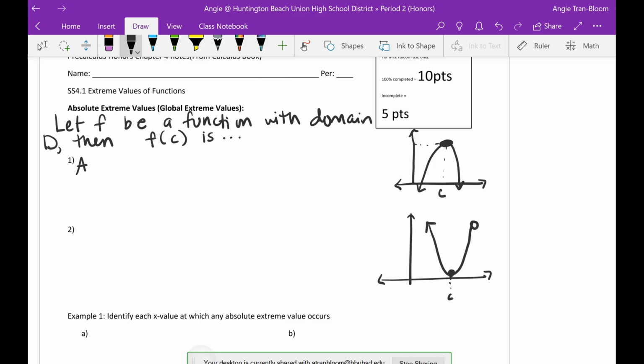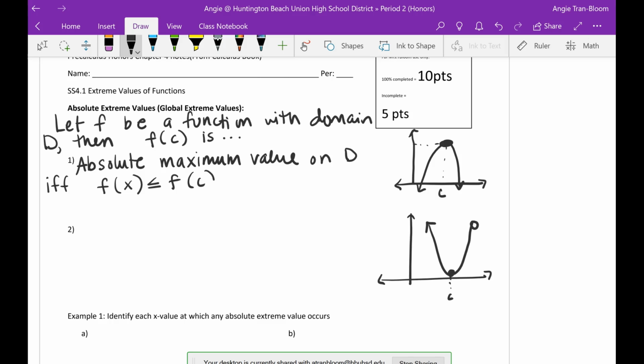Then f of c is the absolute maximum value on this domain D if and only if it fits this definition: f of x, that means any other value of x, has to be less than or equal to f of c for all x values in this domain D.